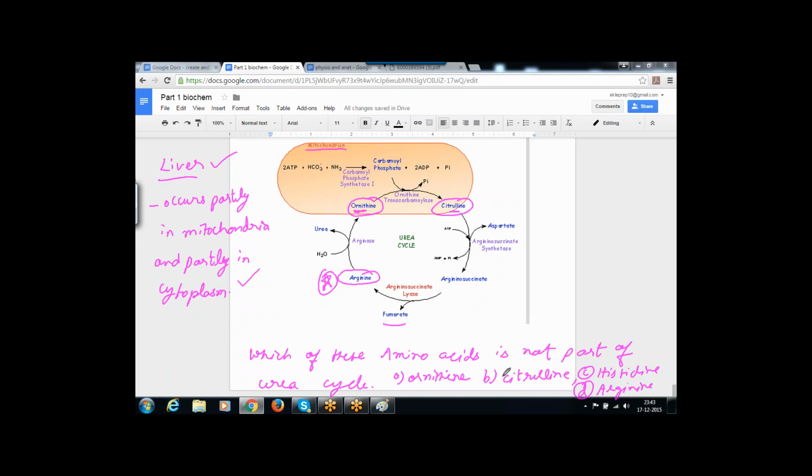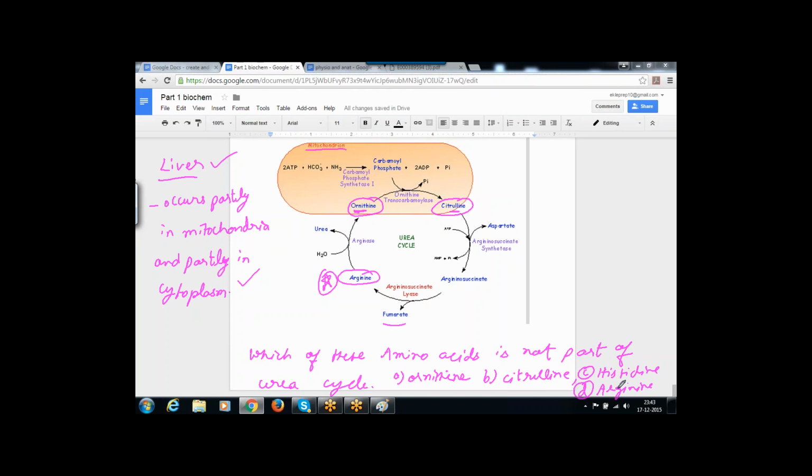So of course ornithine, citrulline and arginine are parts of urea cycle. Histidine is not. So you must have the gross idea of the cycle, where it is happening, how it is happening and what it is doing.